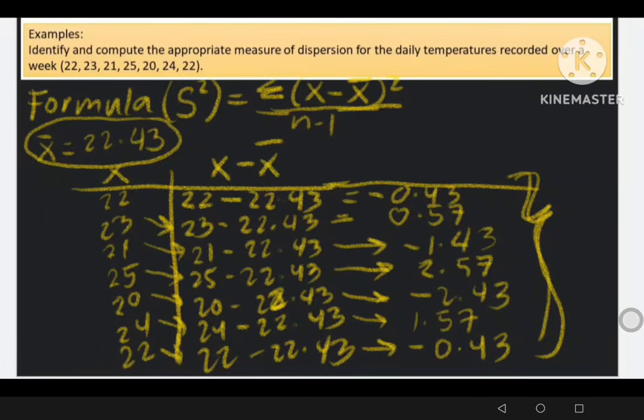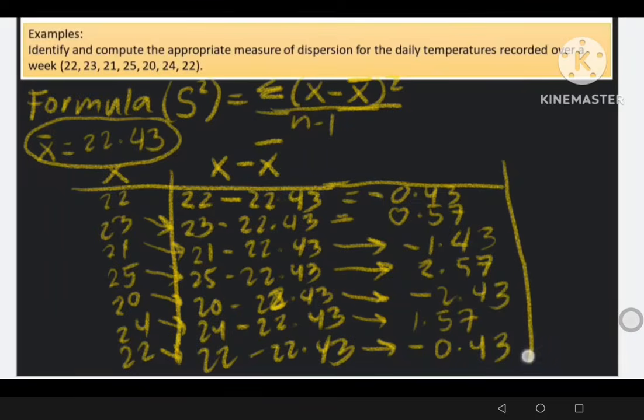Next step, we're going to square the results. So, x minus x bar squared, since that's our formula in the upper portion.